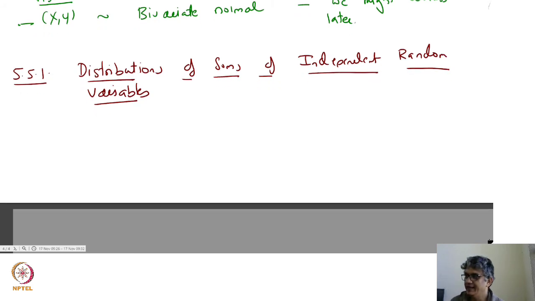So here the idea is that I have X, I have Y. We have two independent variables.